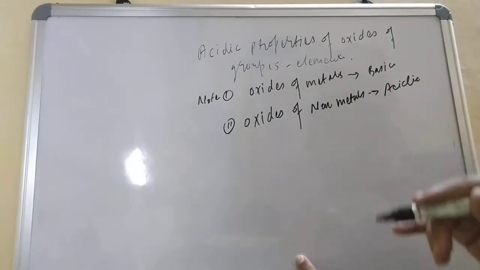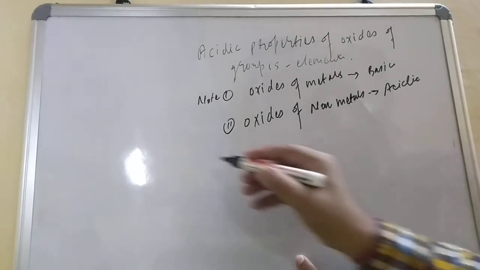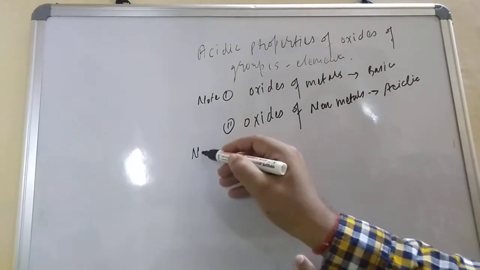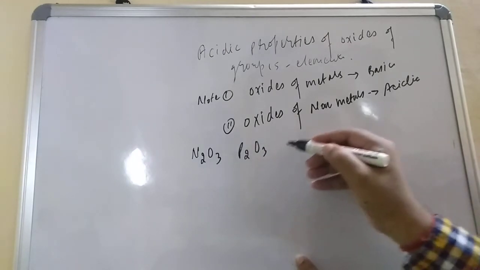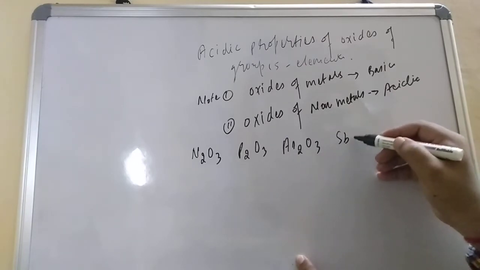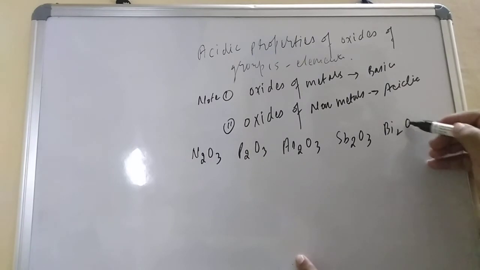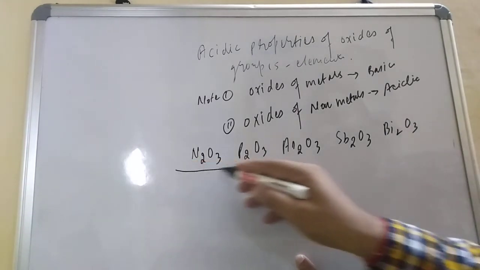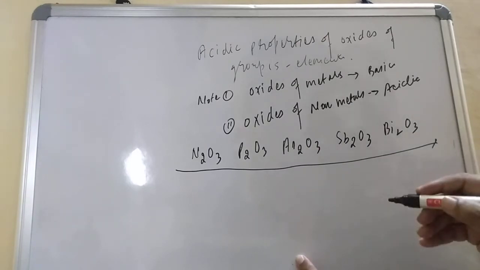On the basis of this, we are going to find out the order. Suppose we take the trioxides N2O3, P2O3, As2O3, Sb2O3 and Bi2O3. Going down the group, metallic character is increasing.